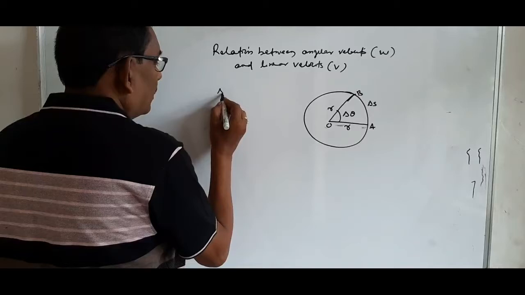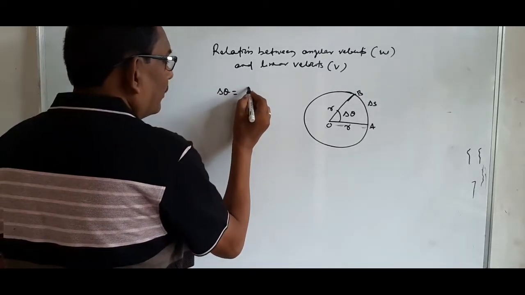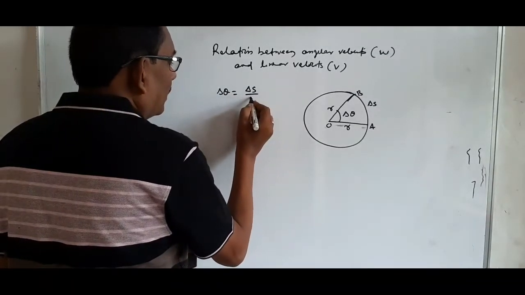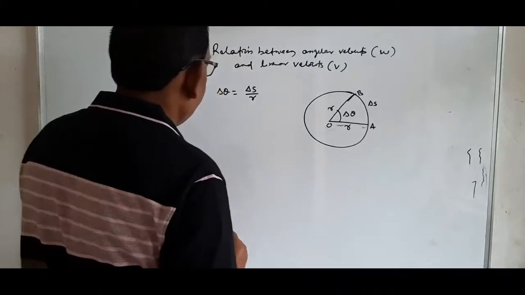By definition, delta theta is equal to delta S by R. Okay.